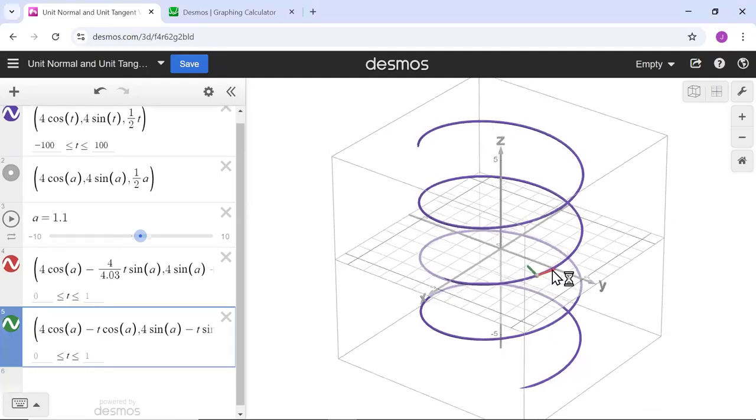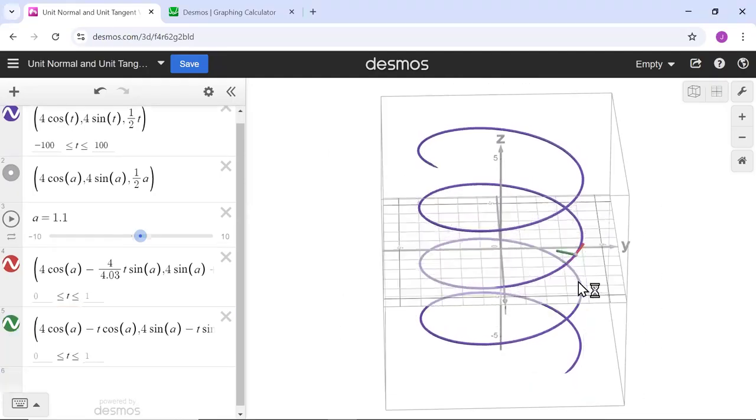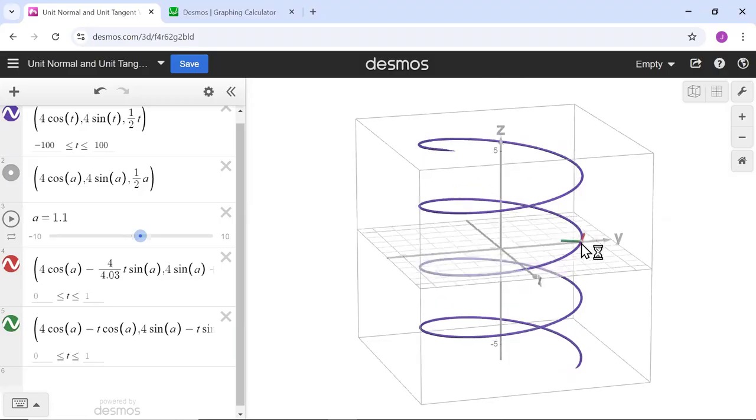Notice that our tangent is moving in the direction of the graph. Our green is perpendicular, or orthogonal, to that unit tangent vector, and it's pointing in the concave side. It's pointing inward towards the graph, bending in the concave direction.